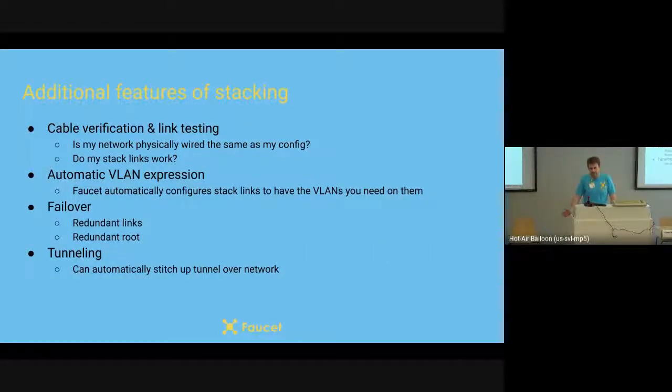When you turn on stacking, you get a whole bunch of stuff for free, which is quite nice. You get cable verification and link testing. When we boot up a stack, you tell us the topology with the Faucet YAML, and then Faucet sends LLDP messages around every stack link on the network, and makes sure everything's plugged in properly, which is quite nice because pretty much every time I bring up a stack, I have at least one cable wrong, if not all of them.